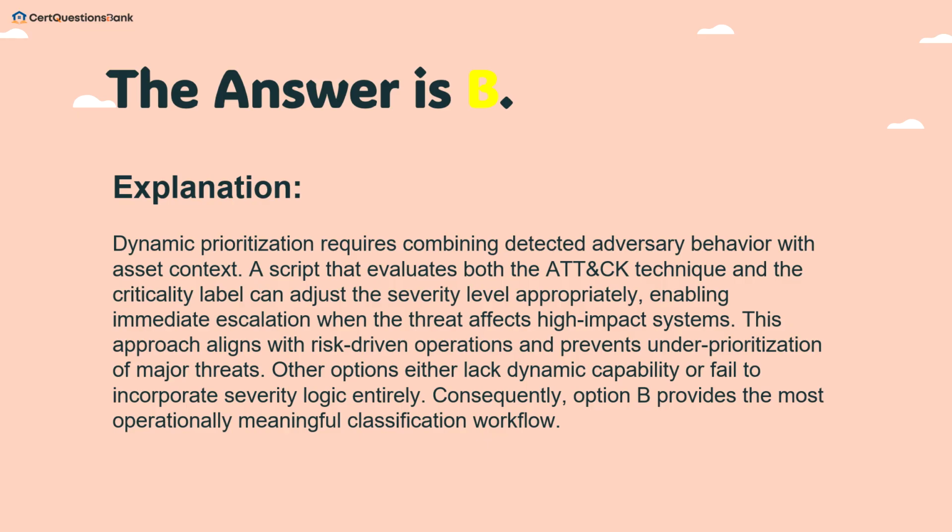This approach aligns with risk-driven operations and prevents under-prioritization of major threats. Other options either lack dynamic capability or fail to incorporate severity logic entirely. Consequently, option B provides the most operationally meaningful classification workflow.